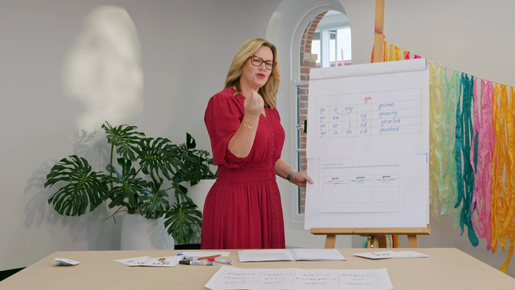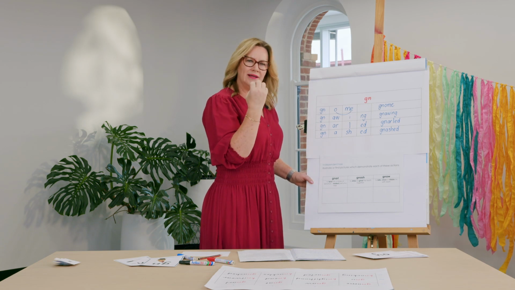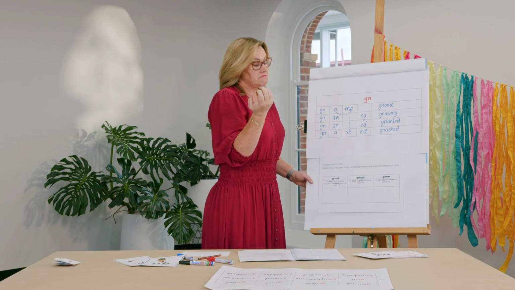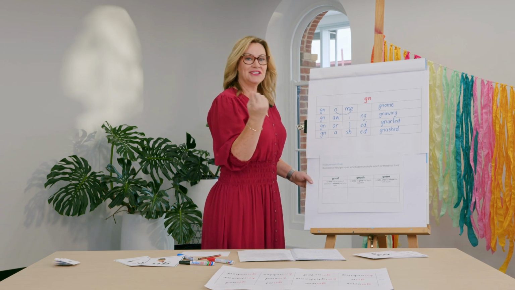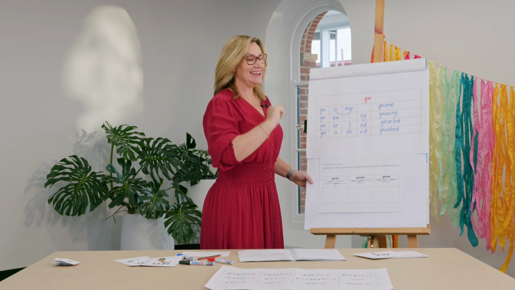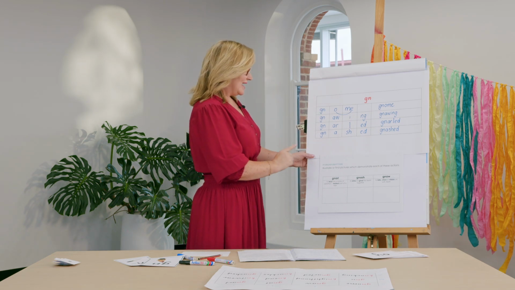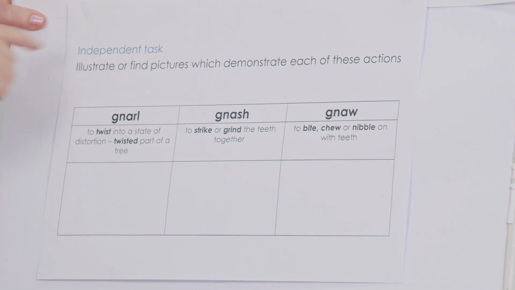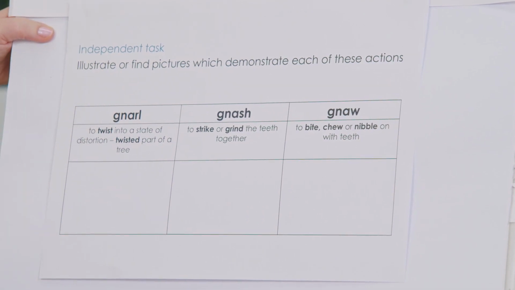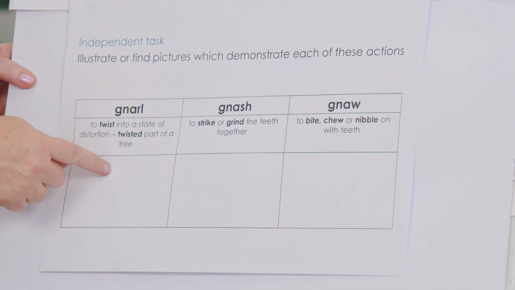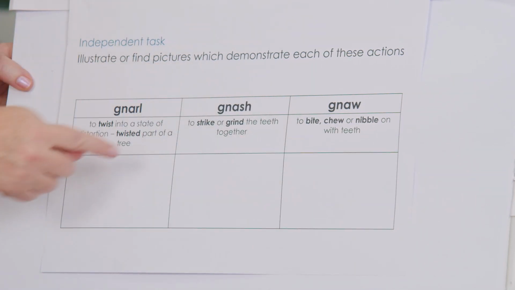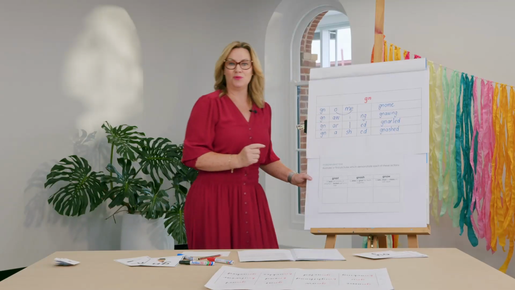Can you think of something that you like to eat, that you gnaw? Piece of pineapple? Maybe. Okay, show me. Okay, I like it. Very good. So what you need to do today is you are going to illustrate or find some pictures that demonstrate these action words.